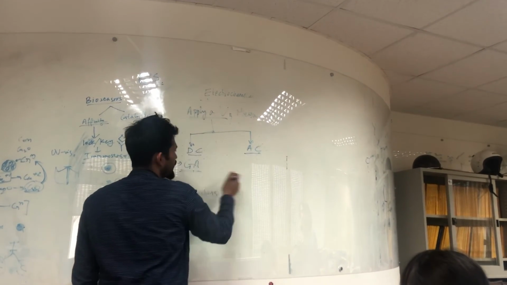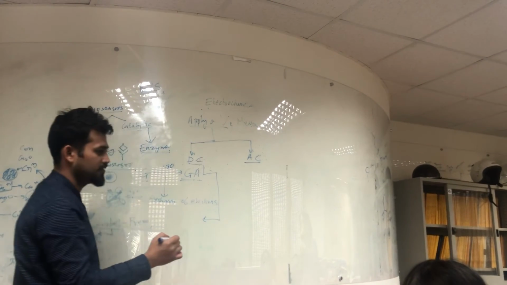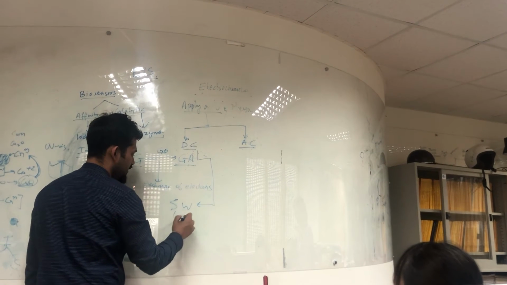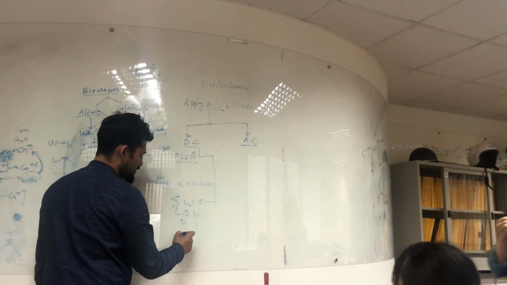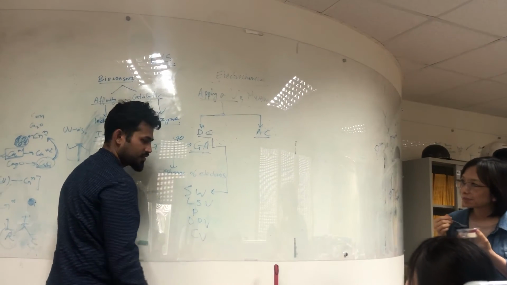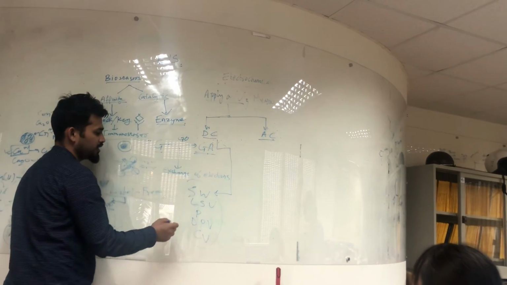Anyway, so different kinds of DC. Can you give me an example of different kinds of DC? Square wave, linear sweep voltammetry, differential pulse, DPV, CV. All of this is DC based, right?